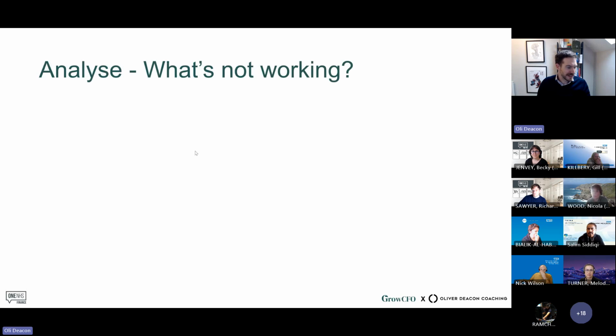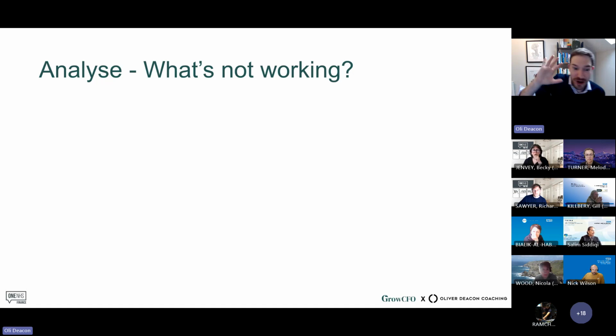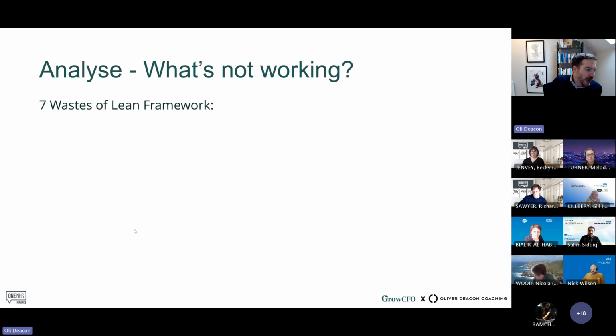What we're going to do next, folks, is I'm going to talk to you about how we analyze what's not working and what could be better, and then we're going to have a go at doing that ourselves while you grab those last few steps. So, has anyone come across the 7 wastes of lean? Thumbs up if you remember the 7 wastes of lean from our accounting exams, whenever those were.